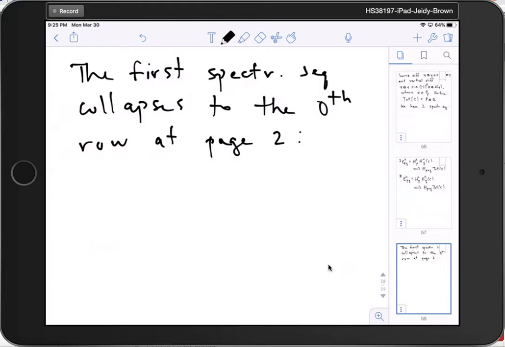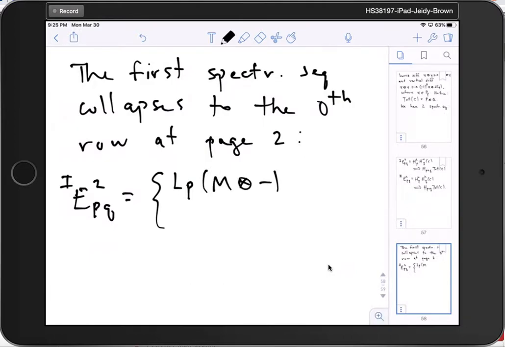So rewriting page 2, we get L_p(M tensor blank) evaluated at N for q equals 0 and 0 otherwise. So if you work it out, that's what the second page ends up looking like.